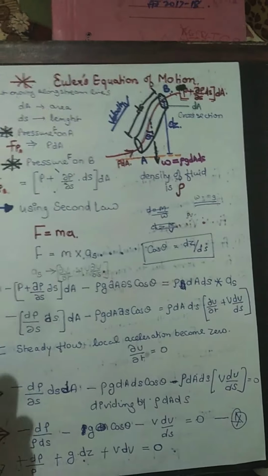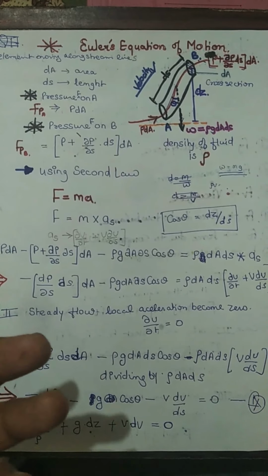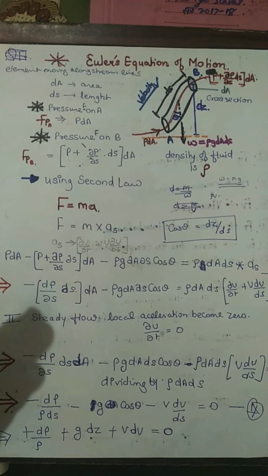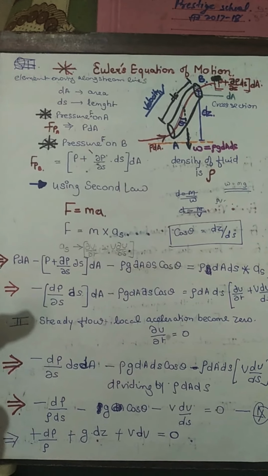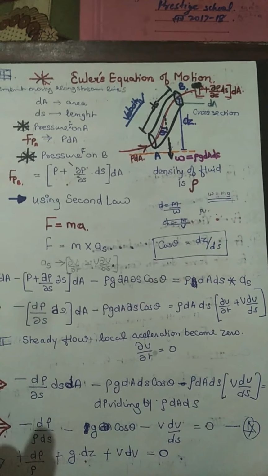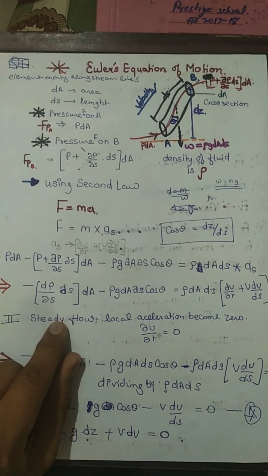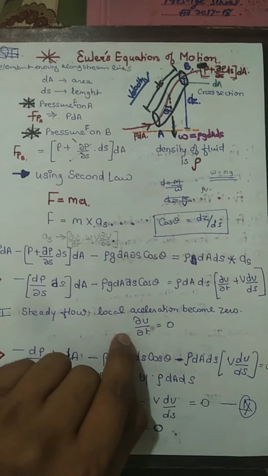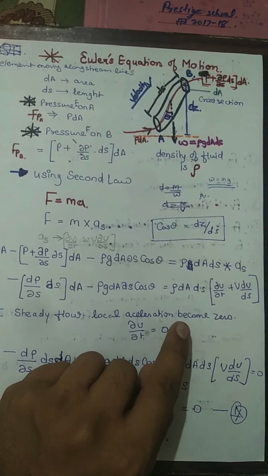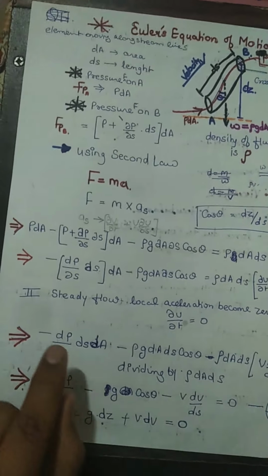Now assuming, as it is a steady flow, the assumption that we have made, that is the flow is steady, incompressible, continuous flow, and irrotational flow is there in this. So as it is a steady flow, dv by dt equals 0. Here now what we have, the component left in acceleration, that is v dv by ds.